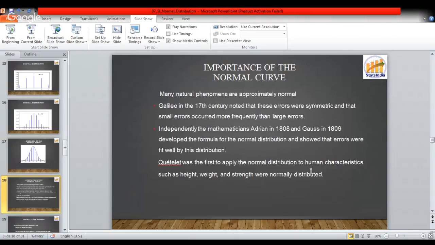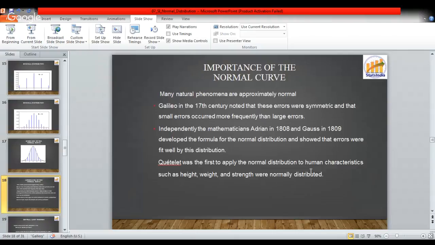When he was studying astronomy, he found that there are some errors in calculation, but the frequency of small errors is much higher than the frequency of large errors, or large errors occur very rarely.